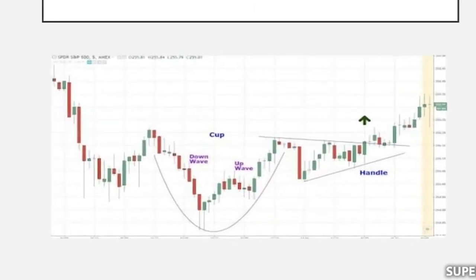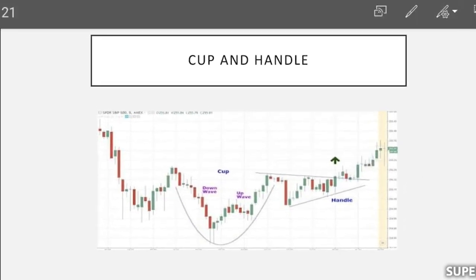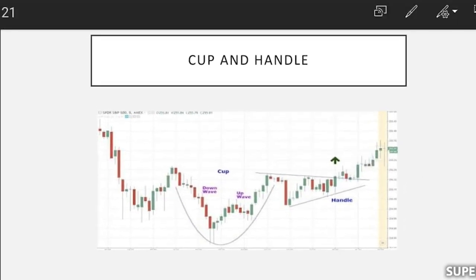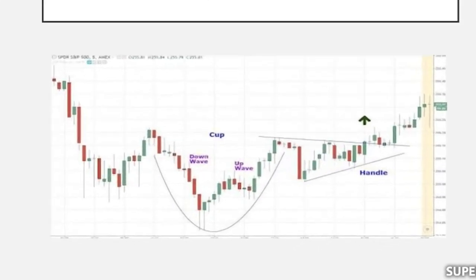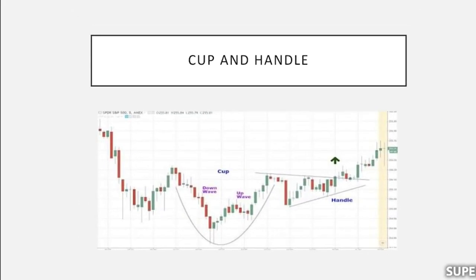It creates a U shape, or the cup in our cup and handle. The price then moves sideways or drifts downward within a channel that forms the handle. Then the price starts rising.